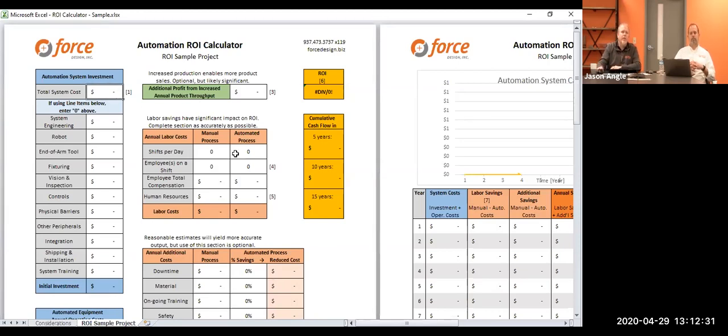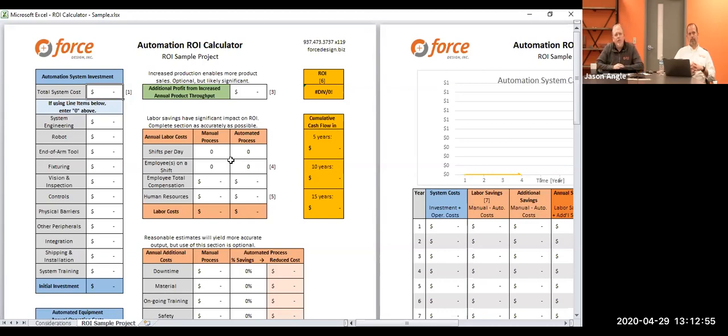The entries below that, the system engineering, robot, end of arm tool, that is something we've built into this table for our own budgetary purposes. If we're looking at a system and we're trying to get a quick idea of what a system will cost, we'll put in each one of these categories separately, and that'll actually total it up for us. But if you're just putting a system cost in, you can put it in at the top and be done.